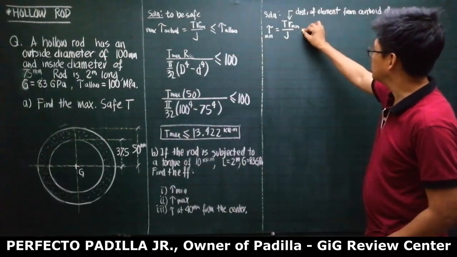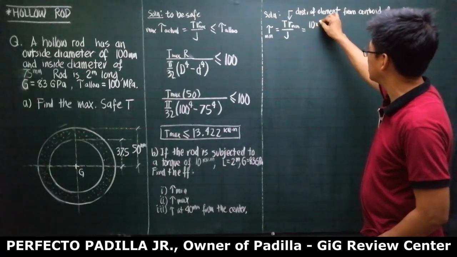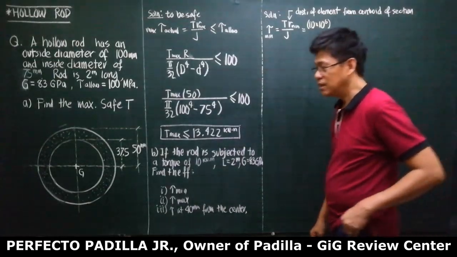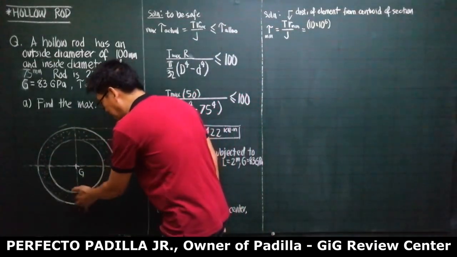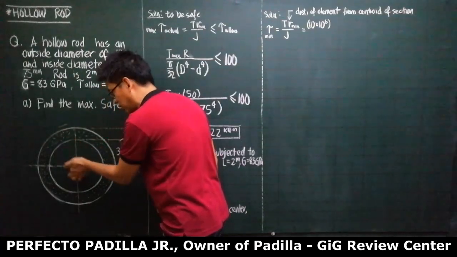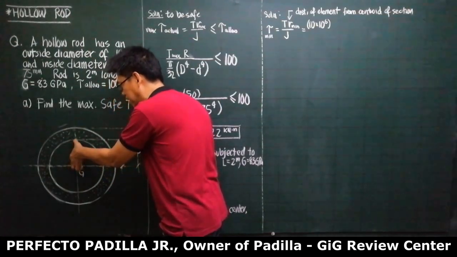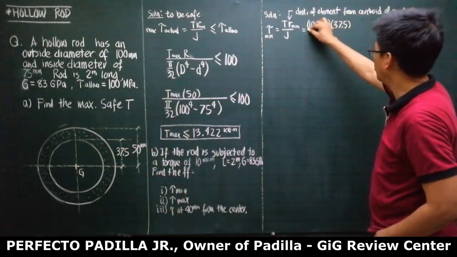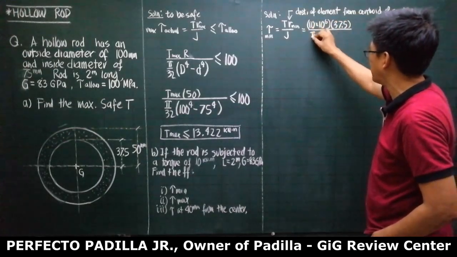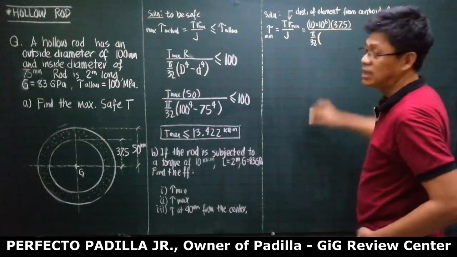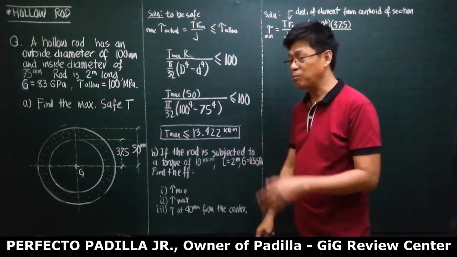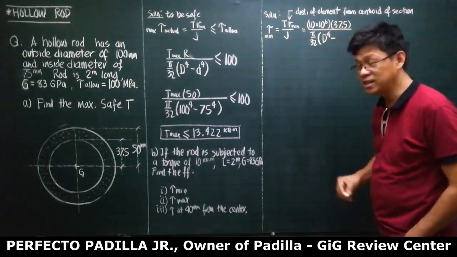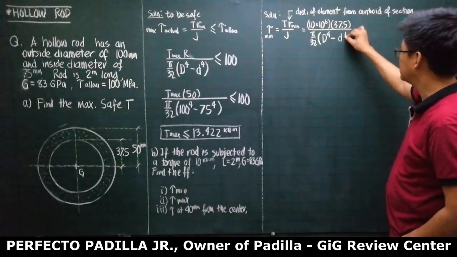So this is going to be the torque, 10 kilonewton meter, that is 10 times 10 to the 6 Newton millimeter. The minimum distance of any element of this rod or section from the centroid is going to be R minimum, which is 37.5, all over J. The J is the J of the outer circle, pi over 32 d to the fourth, minus the J of the inner circle, pi over 32 d to the fourth.